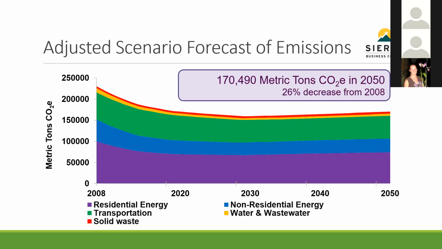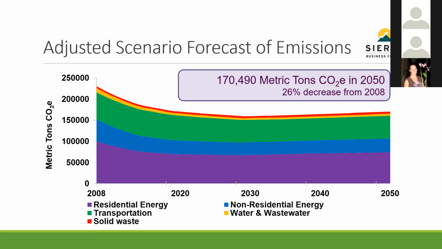This adjusted scenario showed a decrease in emissions from the 2008 baseline of 26% in 2050. Obviously, this is great that these actions are being taken, though it's still not enough of a reduction in order to meet the state's goals of 80% reduction below 1990 levels by 2050. So there is additional work that needs to be done locally.